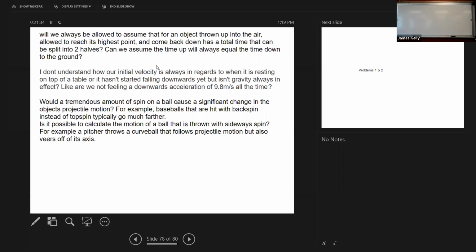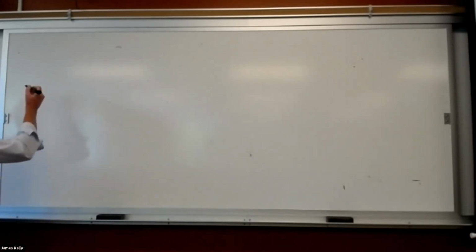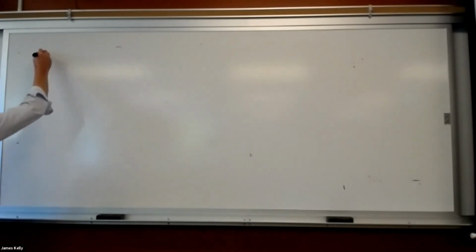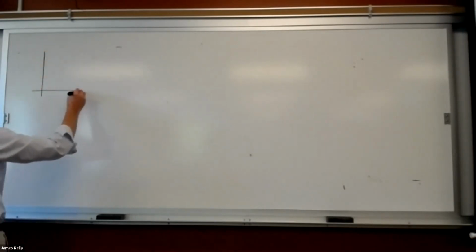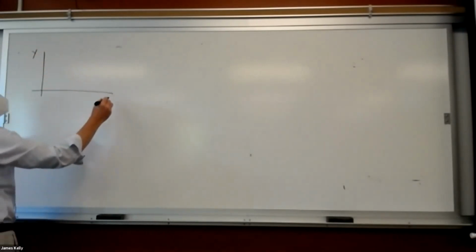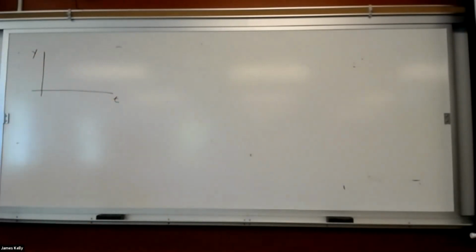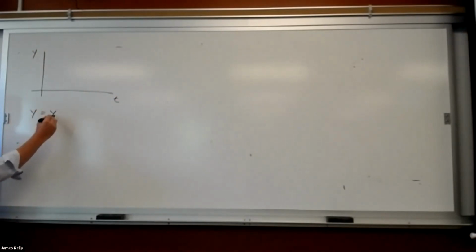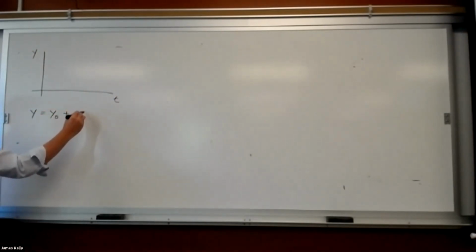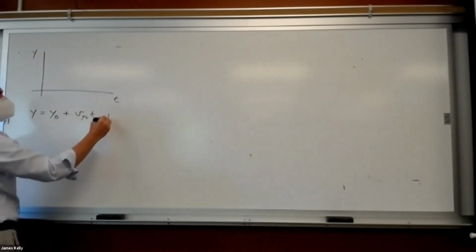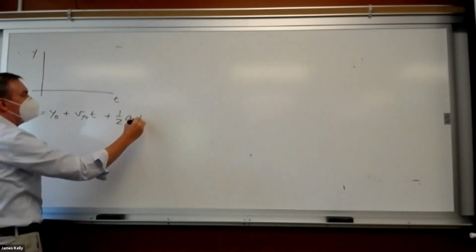Just to give myself a chance to practice with this, I'm just going to unshare the screen for the purpose of nobody who's on Zoom. We've already said that if I plot, say, y as a function of time, the shape of that graph is given by this relationship, y equals y0 plus vy0 t plus 1/2 ay t squared.